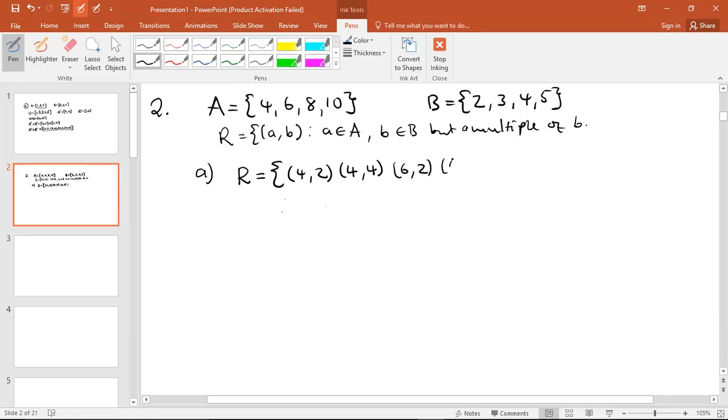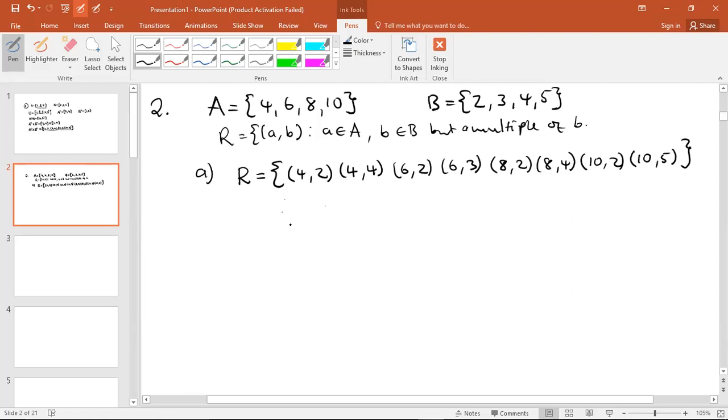And then 6, 3, 3 can go in 6. So that's it, 6. Then we can go to 8. 8 has 8, 2 and 8, 4. Then finally we can go to 10. 10, 2. The other number that can go in 10 coming from the set B is 10, 5. So that is our R.